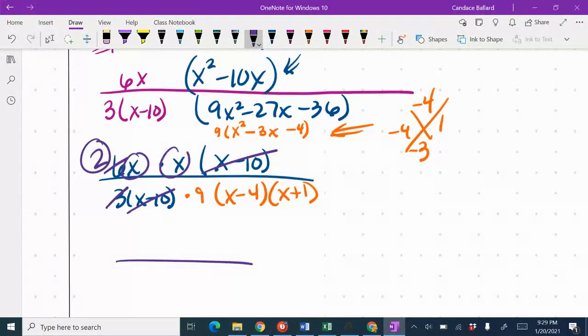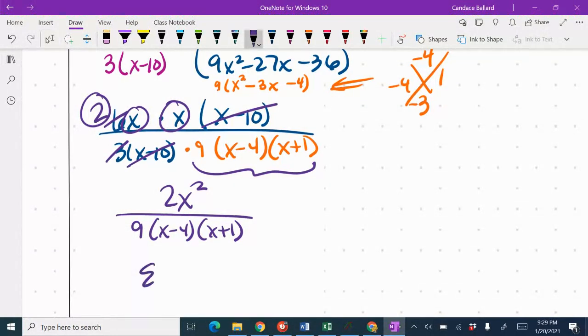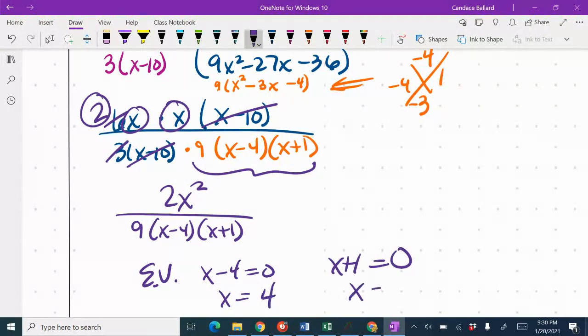I've got a 2, an x, and an x, so I would write that as 2x squared. And then this orange piece is what's left in the denominator, so 9 times x minus 4 times x plus 1. To get my excluded values, I would set these two factors that are in the denominator equal to 0. So I would end up with 4 and -1 as my excluded values.